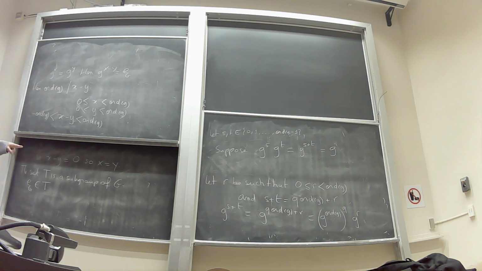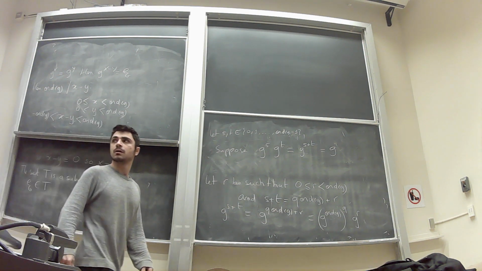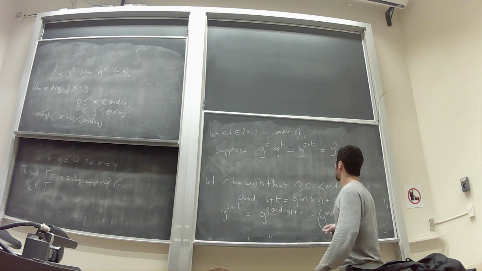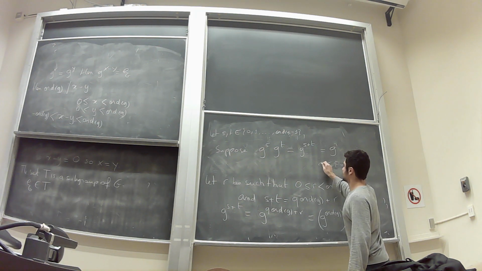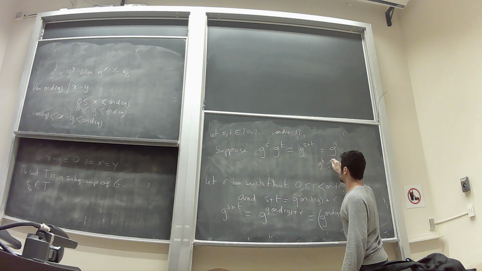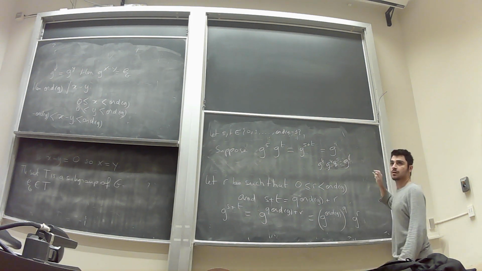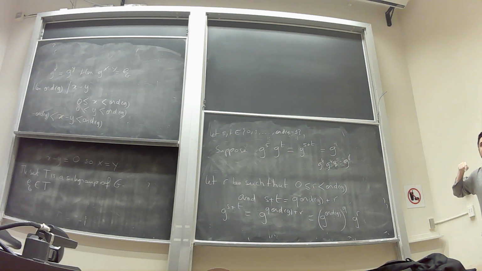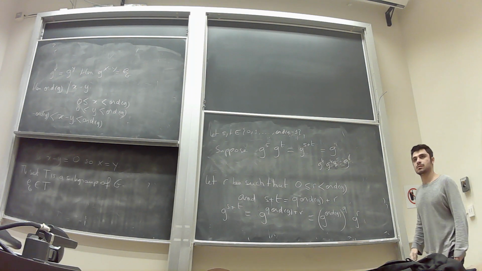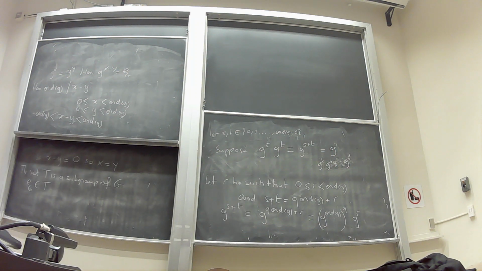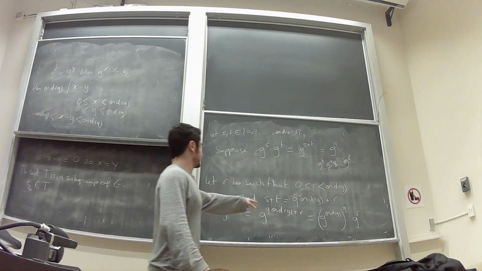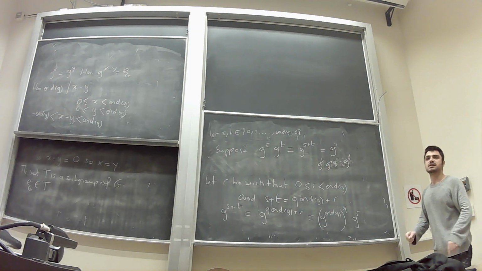Yeah, but s plus t is smaller than 2 times the order. So for example, take g to the 4. Let's say g to the 5 is 1. Say the order is 5. g^4 times g^4, this is g^8. It's a bit bigger than 5. Yeah, but you don't have to do the modulo, you can just subtract the order once. Yes, exactly, but I'm doing it more generally. Yes, q is going to be 1.